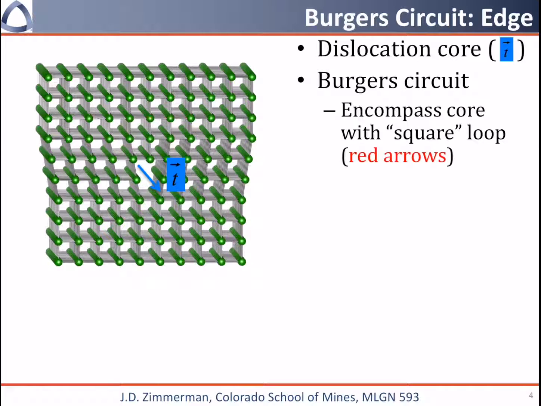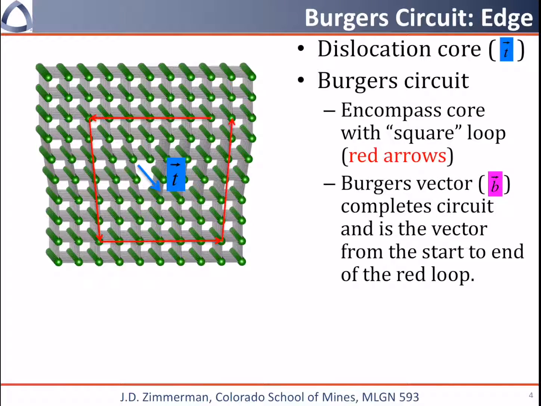And so I'm going to pick a starting point and I'm going to move, in this case, 6 lattice translation vectors to the left. I'm going to move 6 lattice translation vectors down, 6 lattice translation vectors to the right, and 6 lattice translation vectors back up towards where we started. And what we see is that because we encompassed this dislocation core, we didn't start and end at the same location.